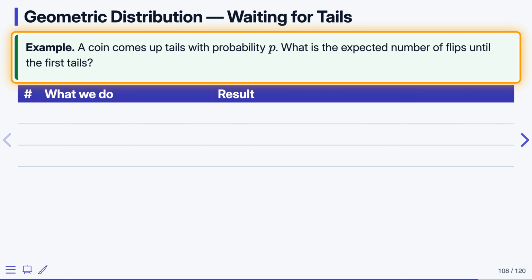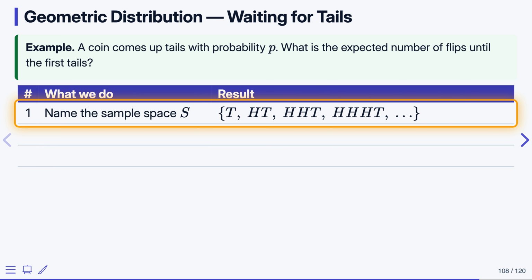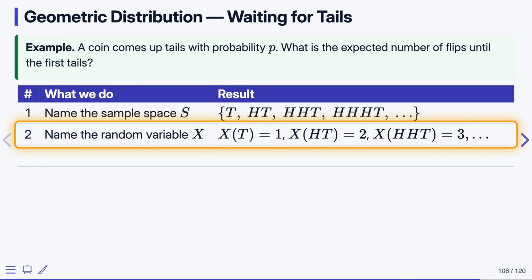A coin comes up tails with probability p. How many flips do we expect before the first tails? Step 1. Name the sample space. We stop as soon as we see tails, so the outcomes are tails; heads, tails; heads, heads, tails; and so on. Step 2. Name the random variable.